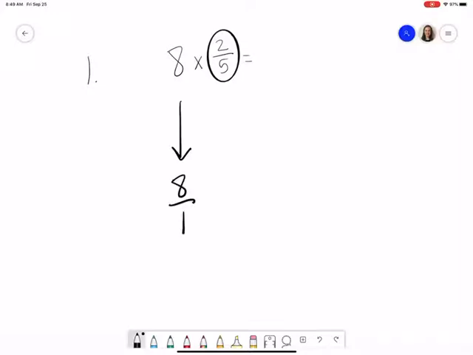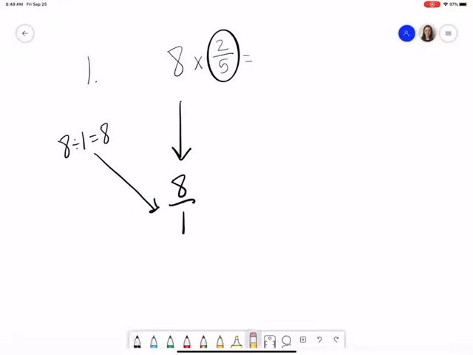Okay, and we've talked about that and why that is. We always put whole numbers over 1 when we're putting them into fraction form. That's because if I did 8 divided by 1, so we know that this means 8 divided by 1, my answer would be 8, that whole number.